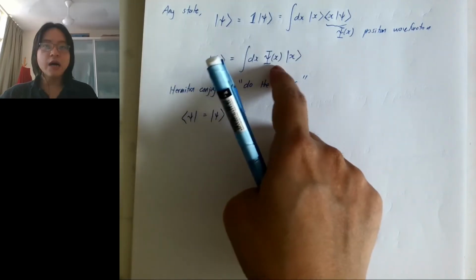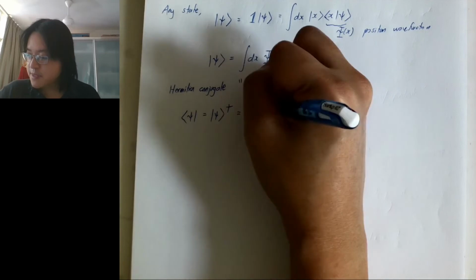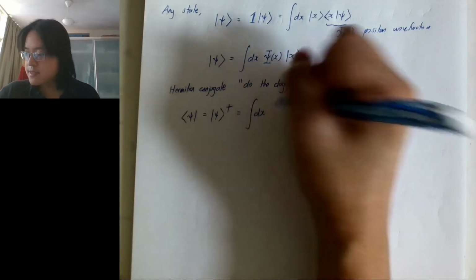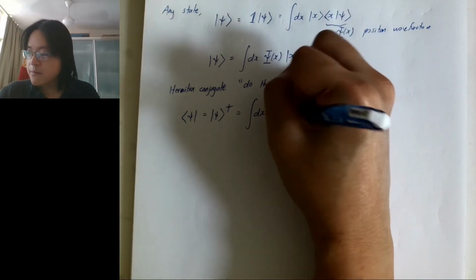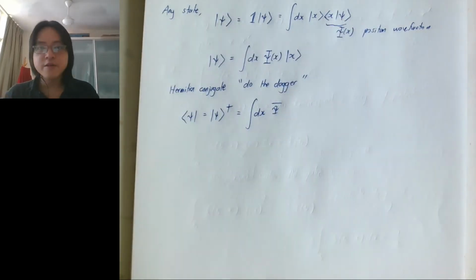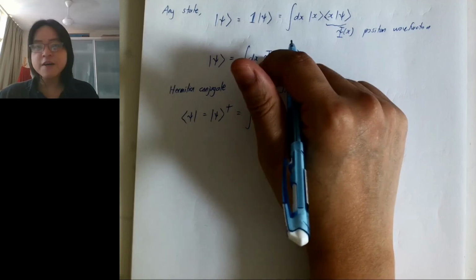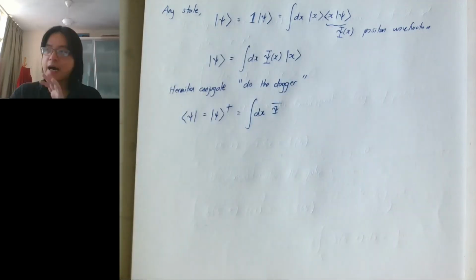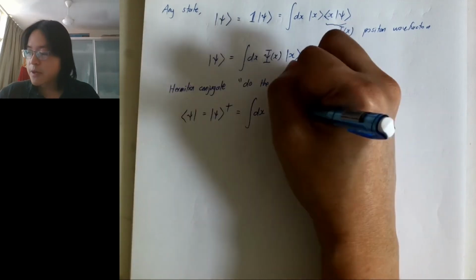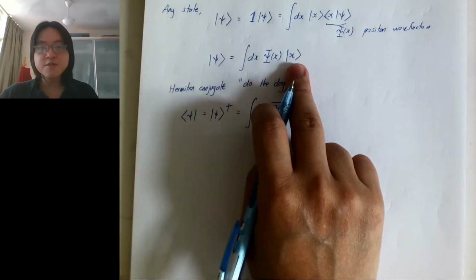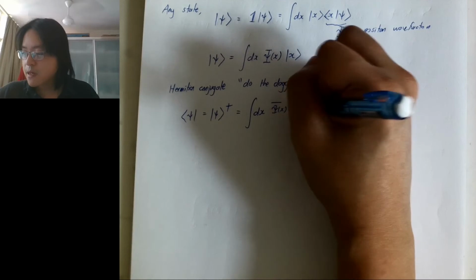So how do you dagger this? It's very simple. The integral is still the same. You still need to integrate. But dagger, remember, all the numbers change to the complex conjugate. This function might have complex numbers inside, so you just complex conjugate everything, and then you dagger this, so it becomes a bra.